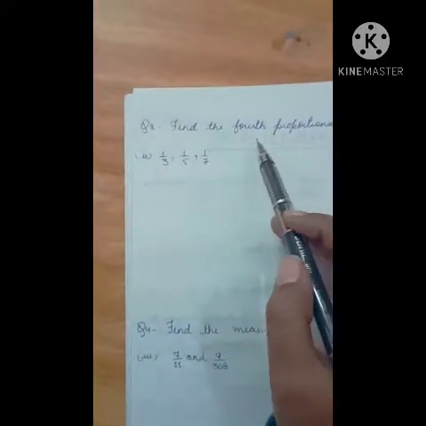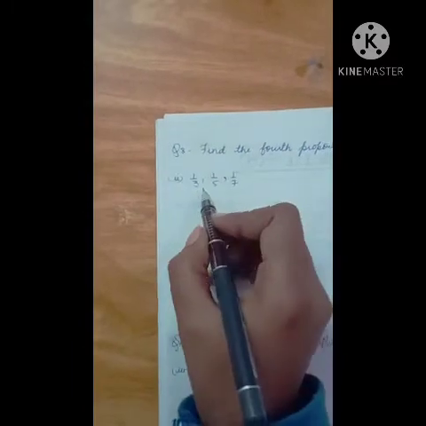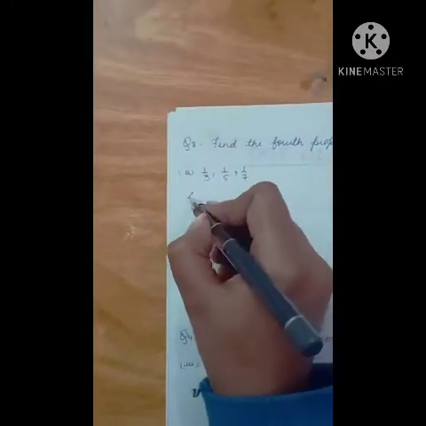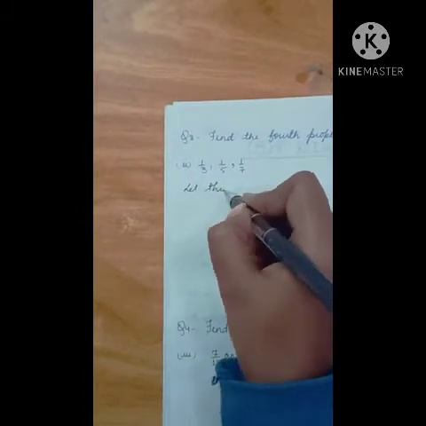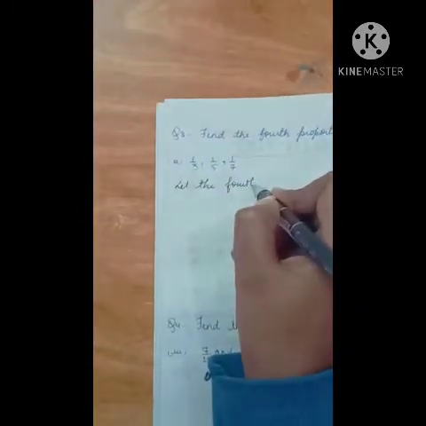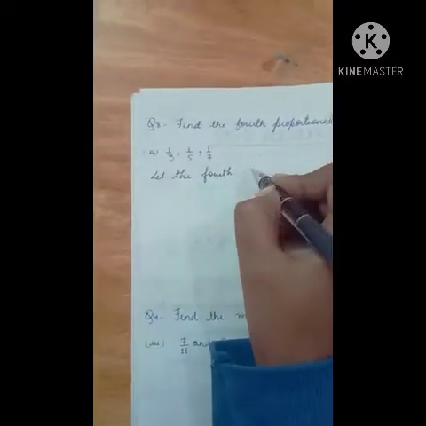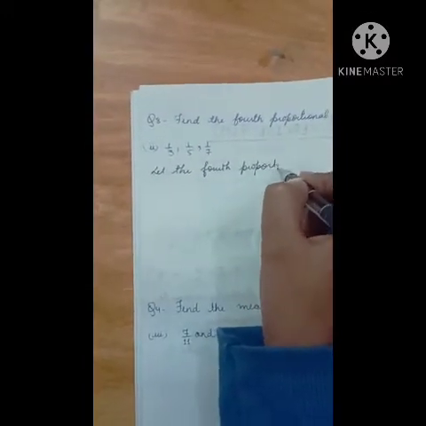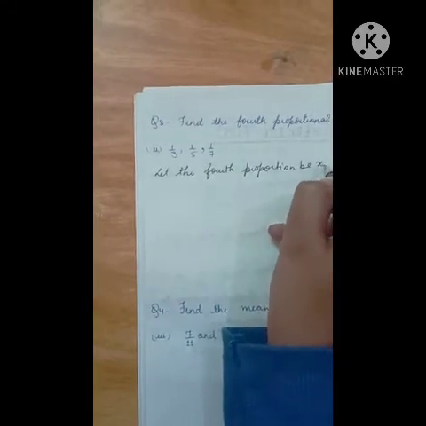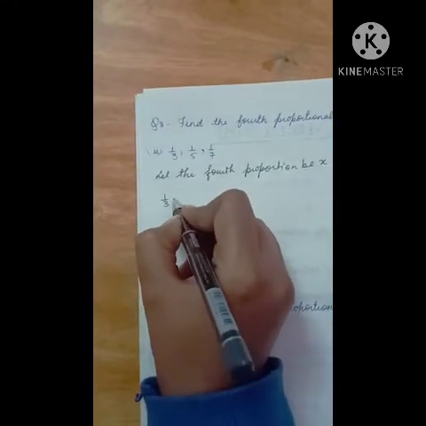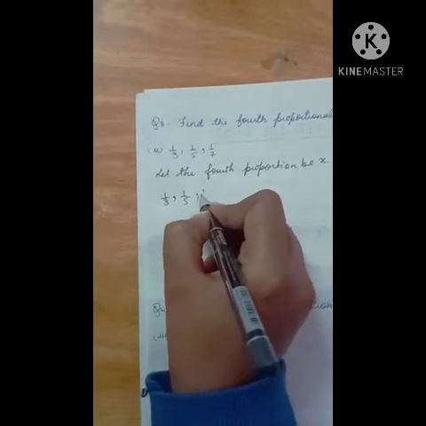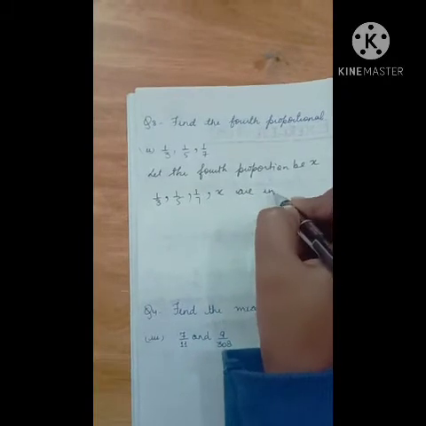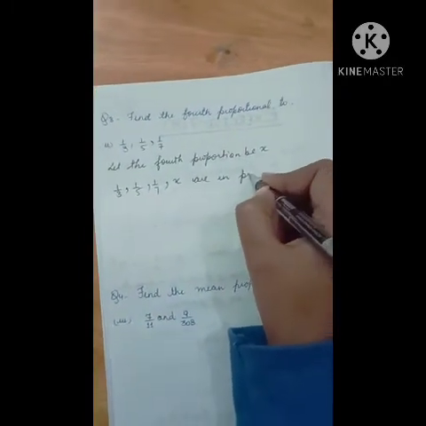Question number 3, find the fourth proportional. Here 3 proportions are given and we have to find the fourth proportion. So let the fourth proportion be x. Then 1 upon 3, comma 1 upon 5, comma 1 upon 7 and comma x are in proportion.